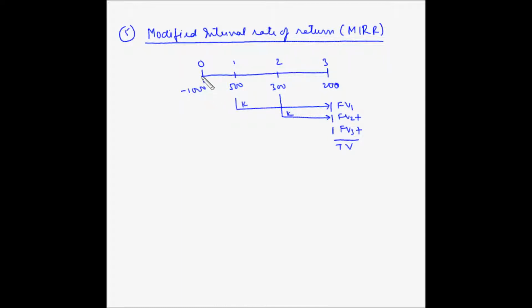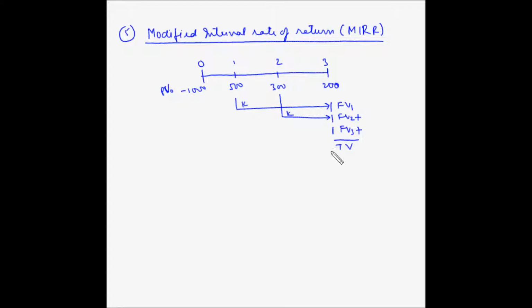Then finding out the present value of the cash outflows. So here we already have the present value of the cash outflow. However, let's say if there was another cash outflow somewhere during the 4th year, then that has to be brought to its present value, and the discounting for the cash outflow will also be done at the cost of capital.